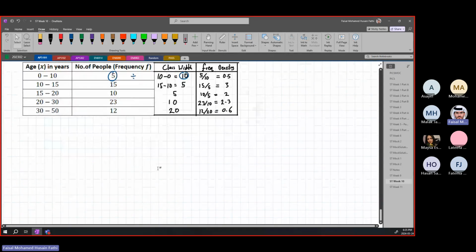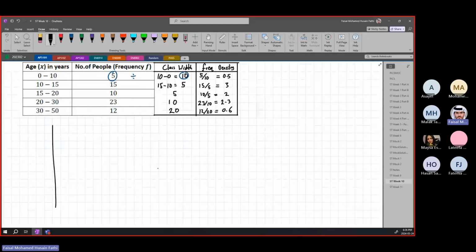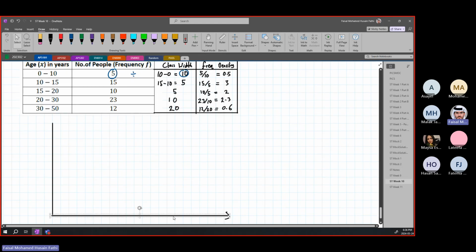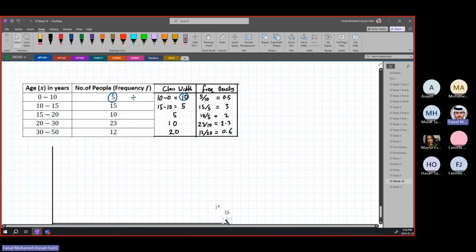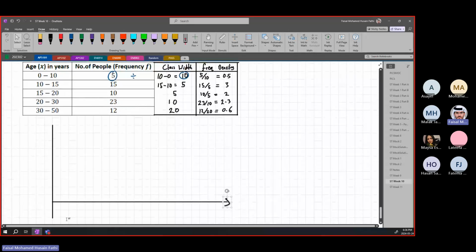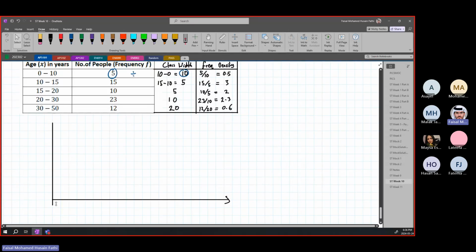So this is how you will build your histogram in the case of having unequal class widths. Now if you want to draw it, what you're going to be drawing is the frequency density instead of frequency on your y-axis.